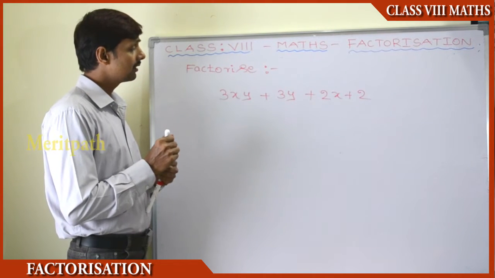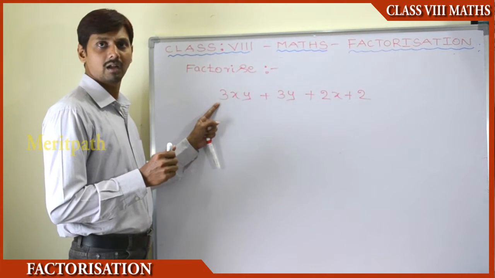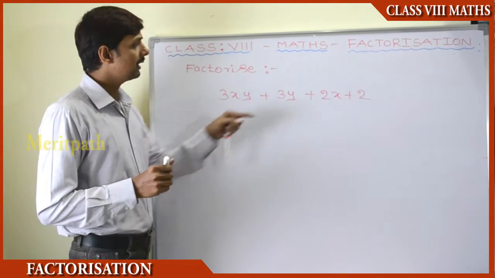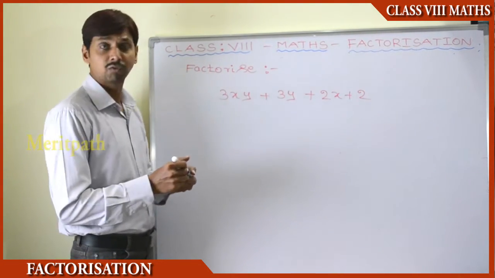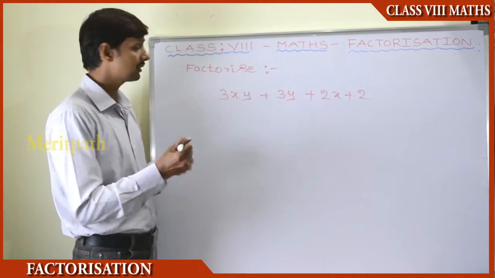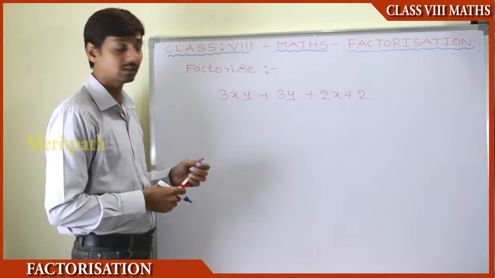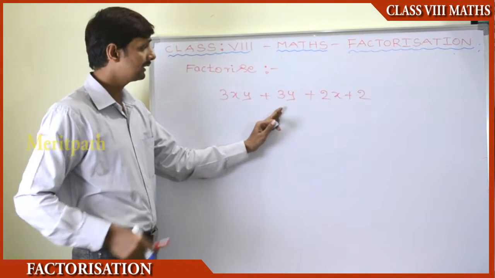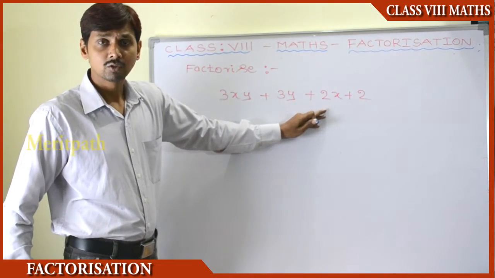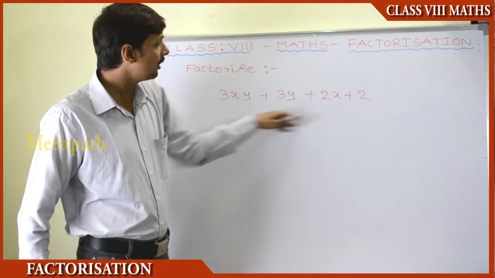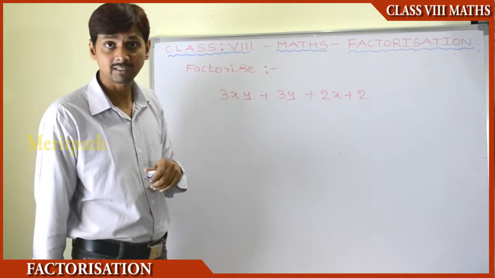Not all four terms have a common factor. The first two terms have a common factor of 3, and in the other two, 2 is a common factor, but all four terms don't share any common factor.